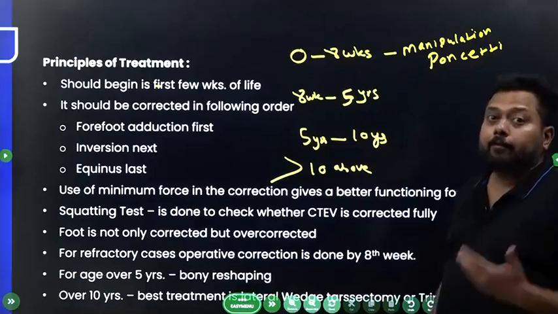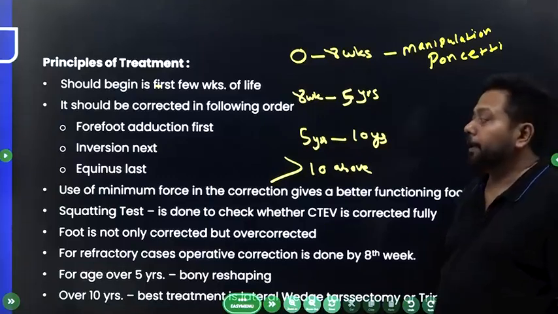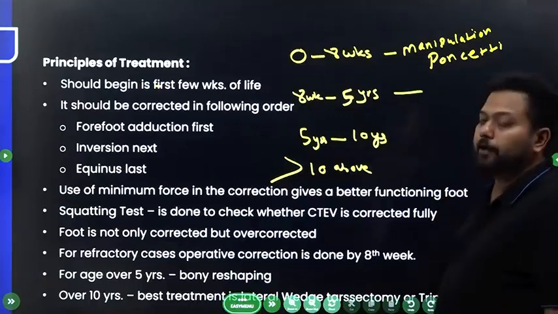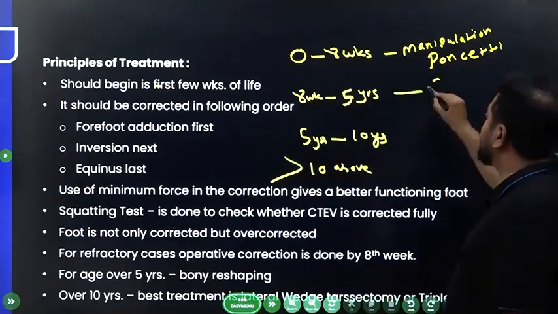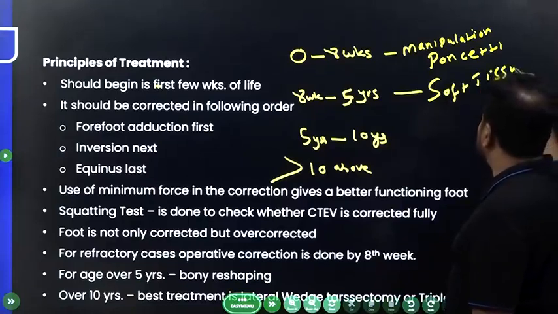Even after 8 weeks, after proper correction by an orthopedician by Ponseti's method, if it is not getting corrected, it's called a refractory CTEV, and from 8 weeks to 5 years you should go for soft tissue release, a surgical procedure.